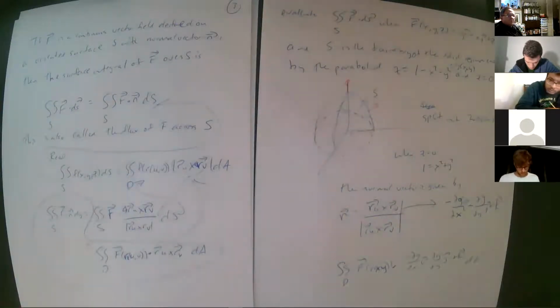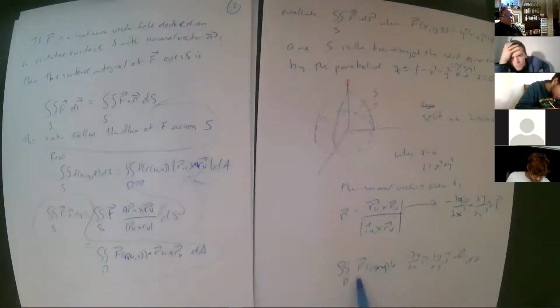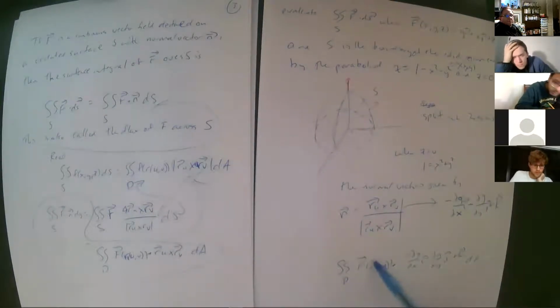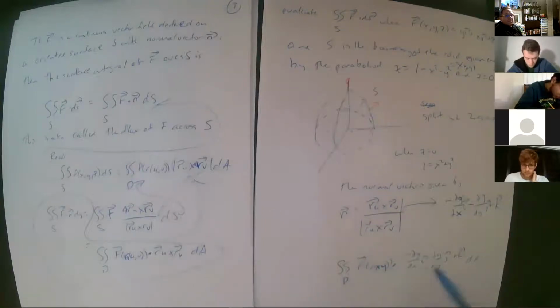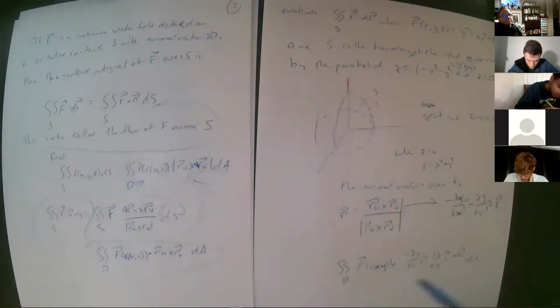So when we take this dot product, what do we get? It just says we take the i component of f and multiply it with this thing, right? That's what the dot product does. And the j component of f and multiply it by this thing.